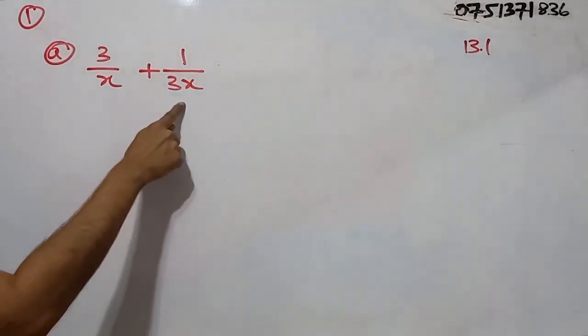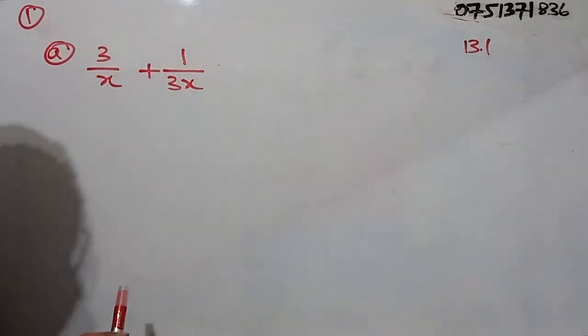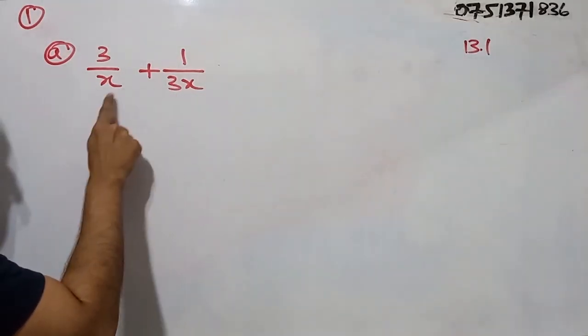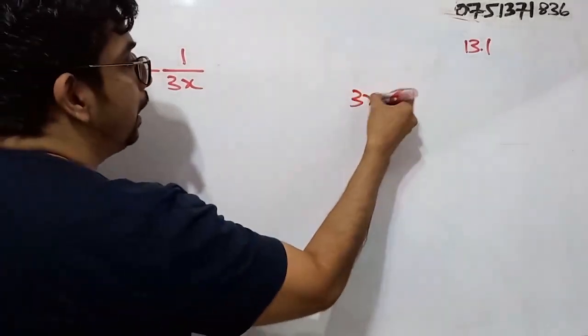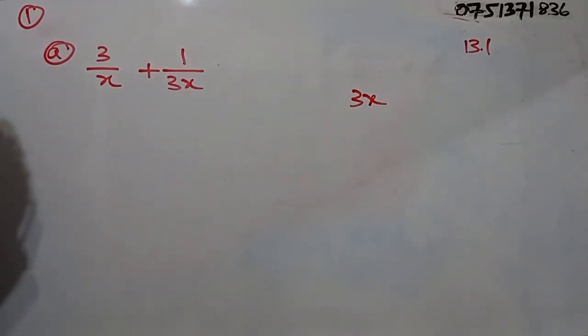So we have two algebraic fractions. Denominators are different. So we have to come up with a common denominator. That means we have to think about the LCM of x and 3x. What would it be? It will be 3x. Now you know how to get this. Okay?